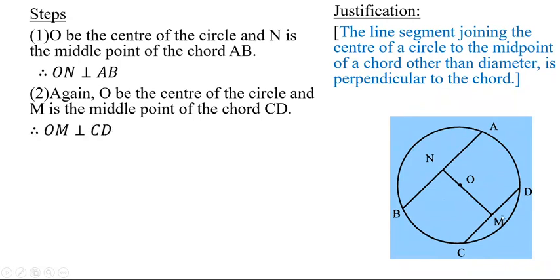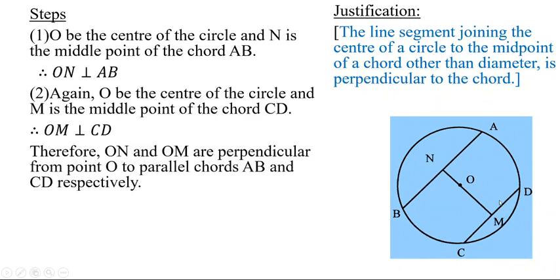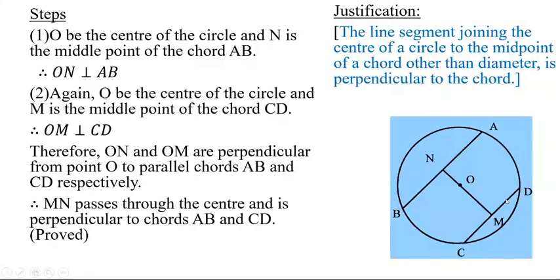Therefore, OM is perpendicular to CD. Therefore, ON and OM are perpendicular from center O to the parallel chords AB and CD respectively. Therefore, MN passes through the center and is perpendicular to both chords AB and CD, and it's our required proof.